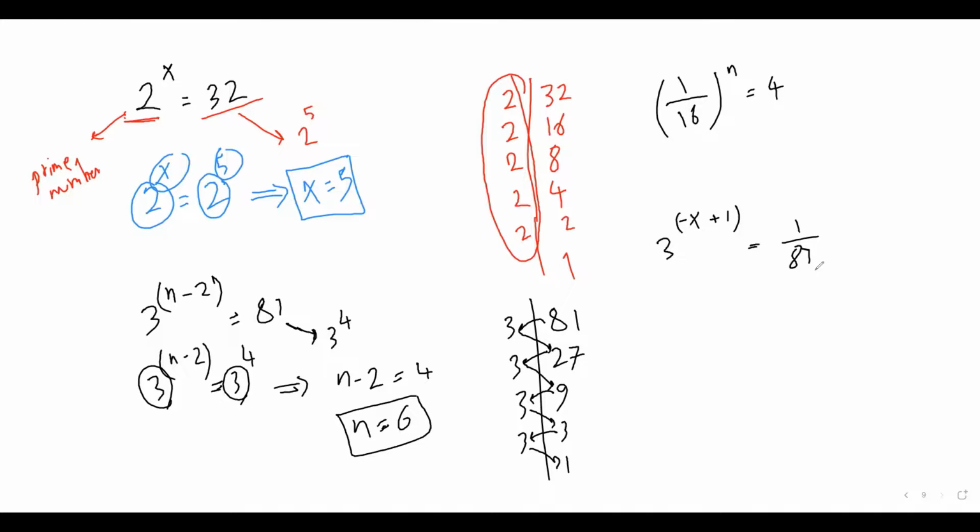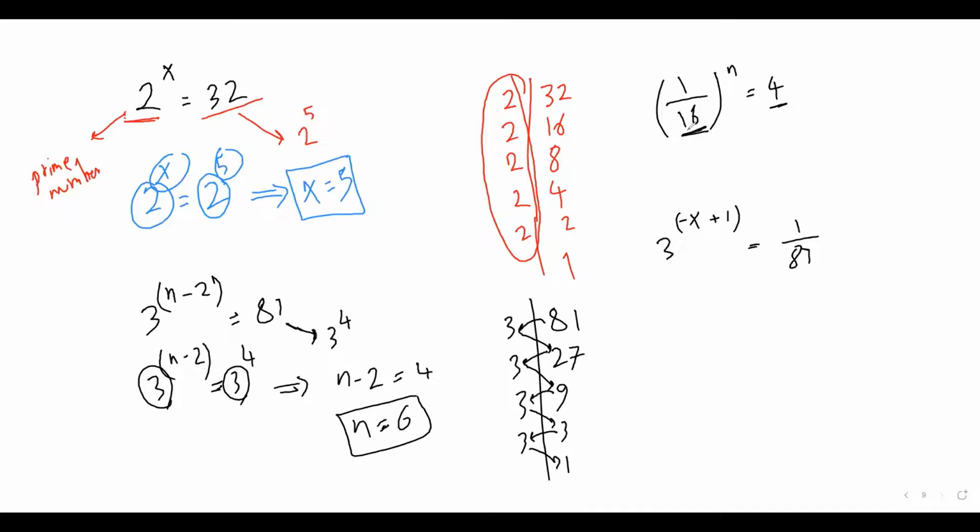Now, you don't need to convert 4 to 2 to the power of 2 and 16 to 2 to the power of 4. All you need to do is to convert 16 to 4, guys, right? We have 4 here. Just convert it to something that has 4 in it. And 16 is a famous number. That's a square number. So that's 4 to the power of 2, or 4 squared.